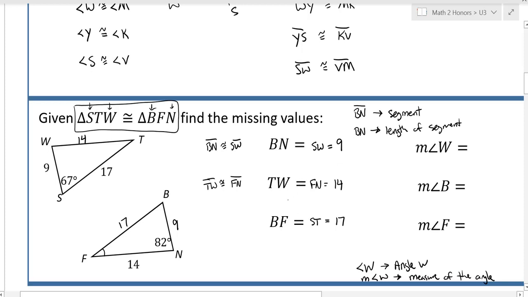The measure of angle W is going to equal the measure of angle what? So W is the last letter, so N. And we know the measure of angle N, which is 82 degrees.